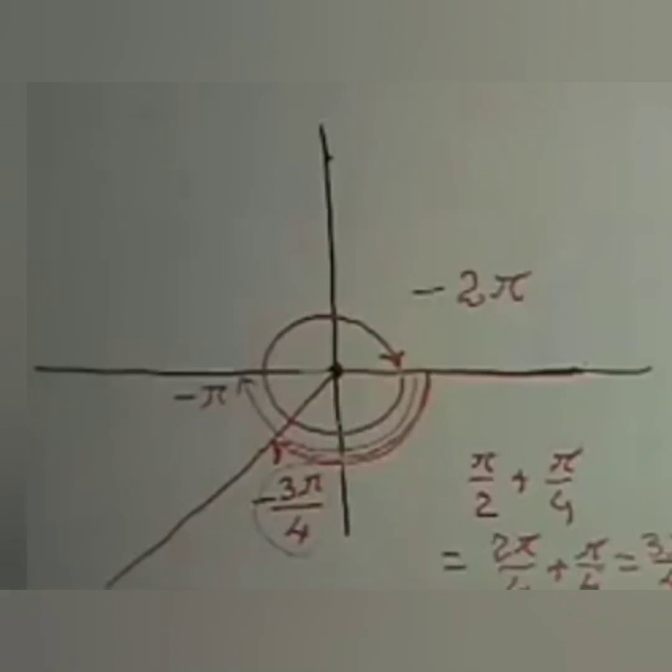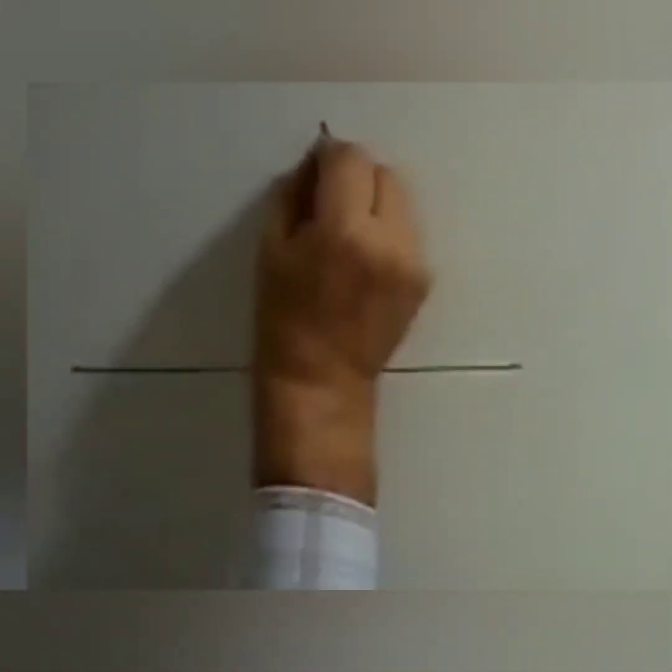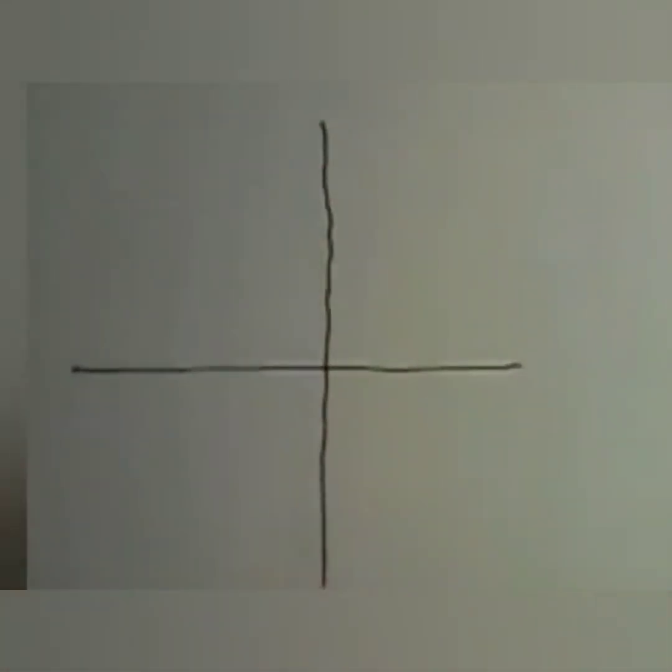Let us go to the last one, 4 pi over 3. The two axes, and 4 pi over 3 means 1 pi, which is 3 pi over 3, plus 1/3 of pi.